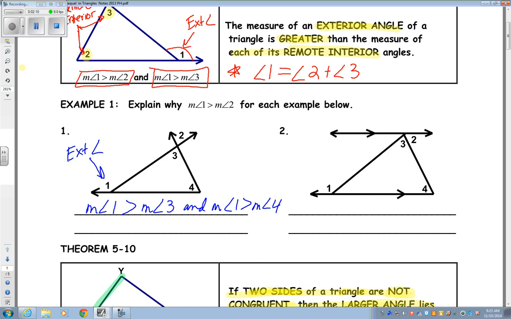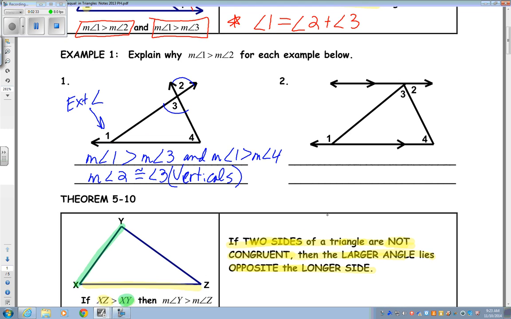All right, do we see any other relationship? Yep, 2 and 3 are vertical, so we know they are going to be congruent. So the measure of angle 2 is congruent to the measure of angle 3 because they are vertical. There's a symbol, and I'm going to try to make some space for it.